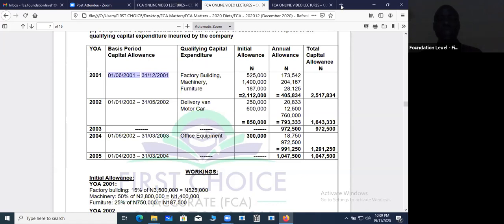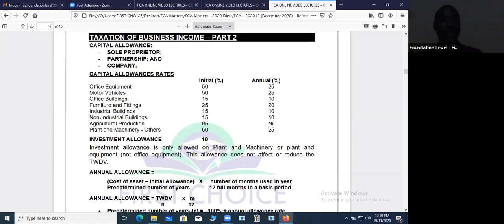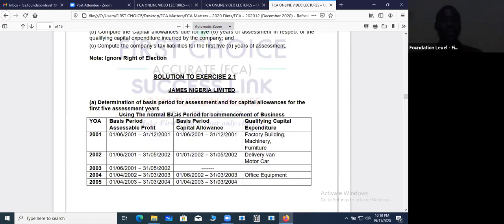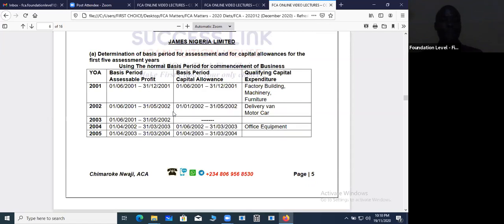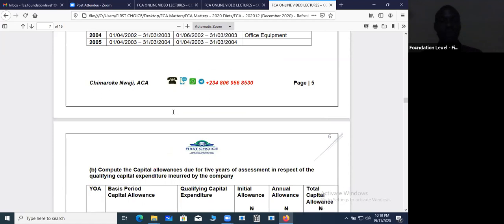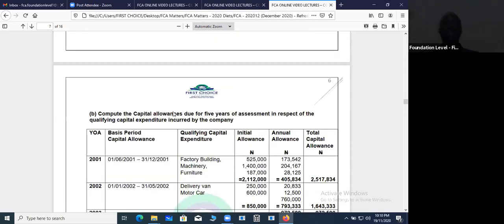I think I may need to open somewhere. So let me just keep this table open.